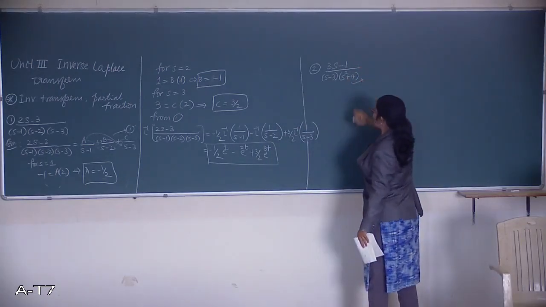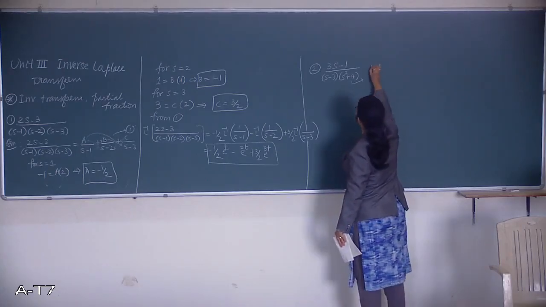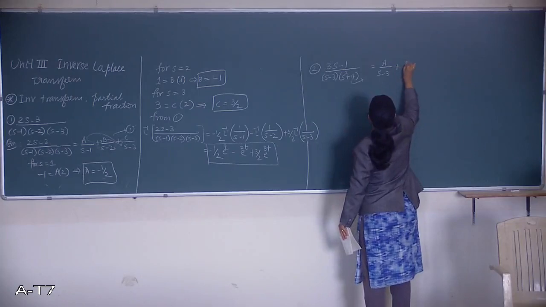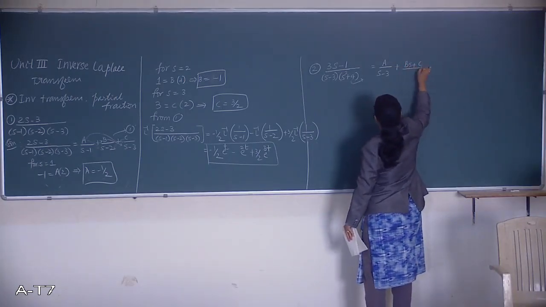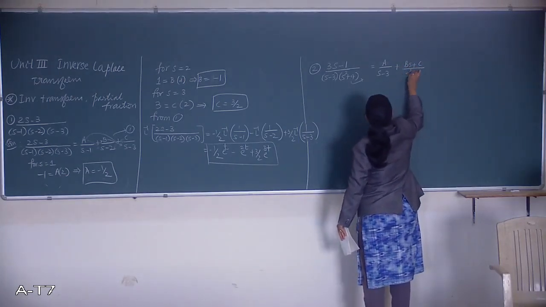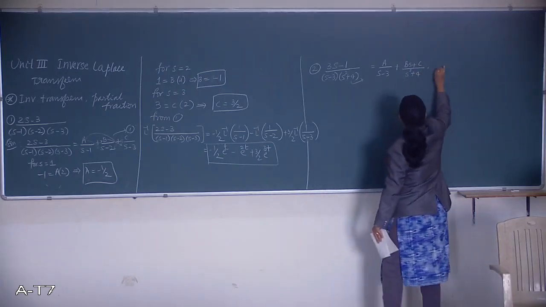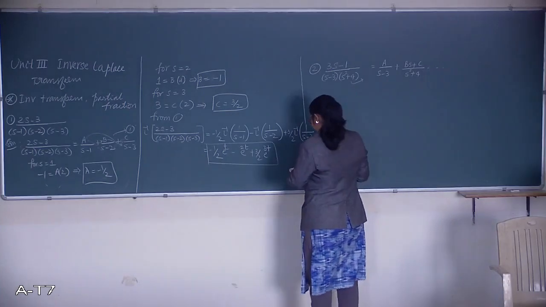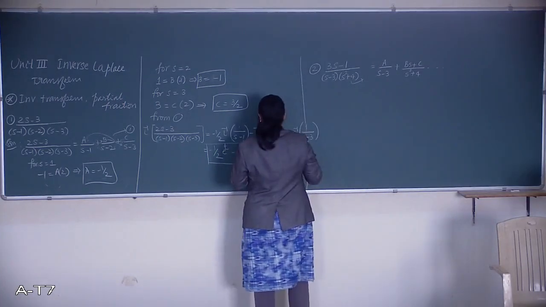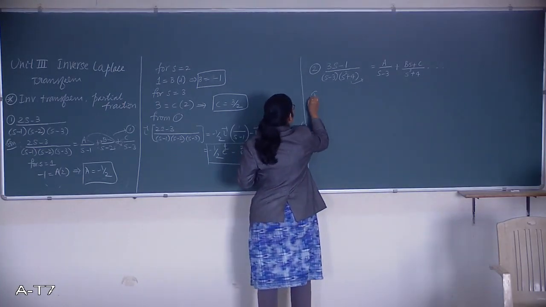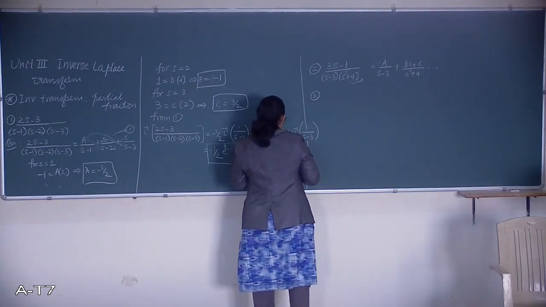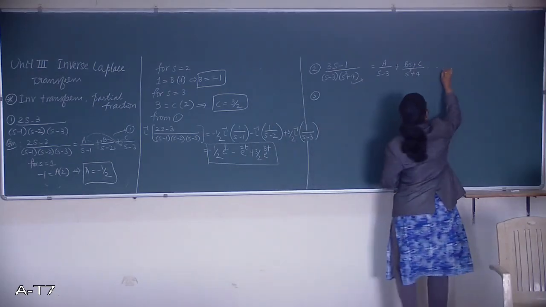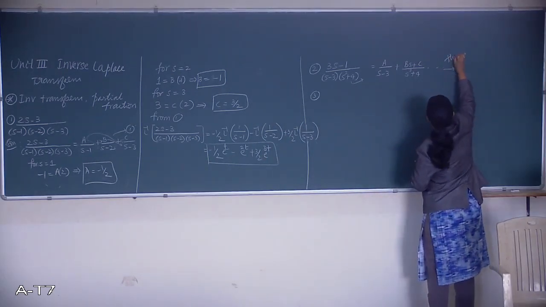This is non-factorizable, so the splitting will be A upon s minus 3 plus (Bs plus C) upon s square plus 4, and then solve for A, B, C. Better I give the answer; you can try this.